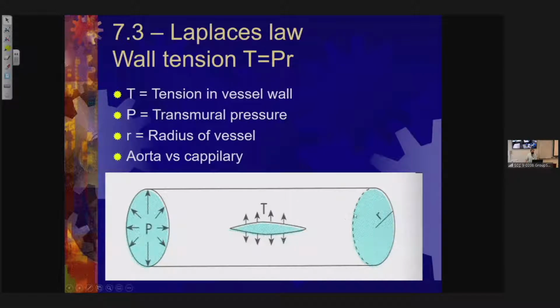Now, if you take that same 100 millimeters and put it in a capillary, it's hundreds of times smaller than the aorta. So the tension on the wall, not the millimeters of mercury, is hundreds of times less because of its small radius. And that explains why the aorta needs to be really thick and the endothelium can be down to 1 cell layer thick but not rupture, because of Laplace's law.